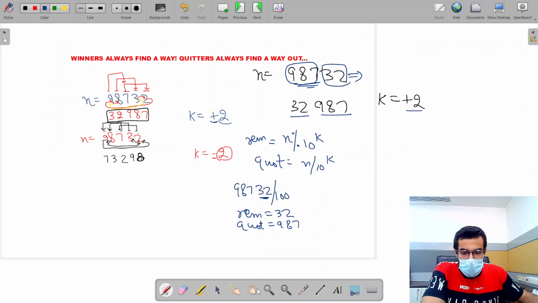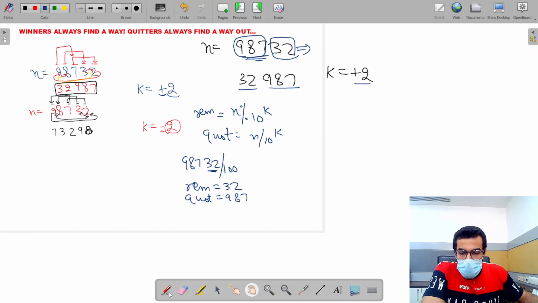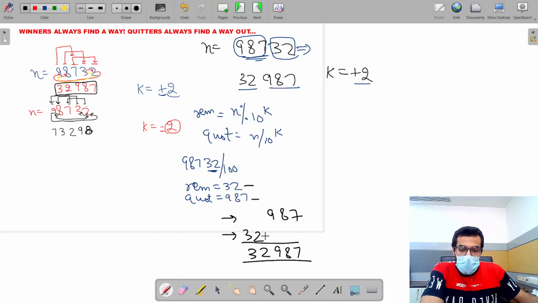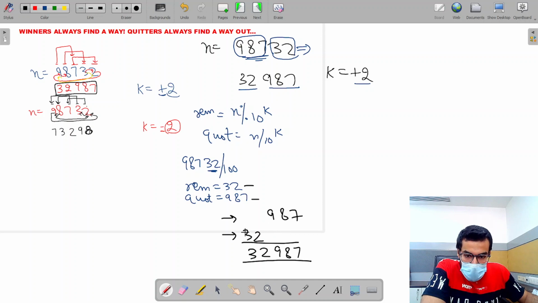Now let's move further. I want my final answer to be somewhat like this. This is my remainder, this is my quotient, and I want my final answer. So I got remainder as 32, I write over here. I got my quotient 987, that I write over here. If I want that these two numbers get added up, over here zeros should come.